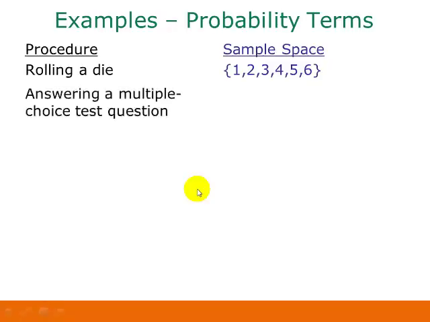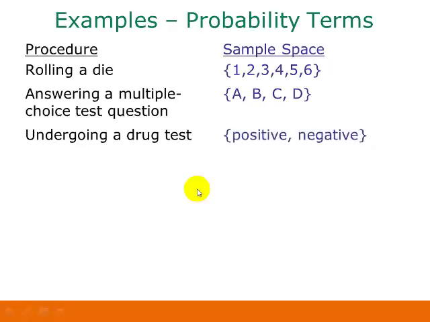Another procedure would be answering a multiple choice test question. To find the sample space for that procedure, we'd think about the different possible answers for the question. So these would be something like A, B, C, and D. Another procedure would be undergoing a drug test. And the possibilities for the outcomes of the drug test would be either that it's positive or it's negative. So that would be our sample space.